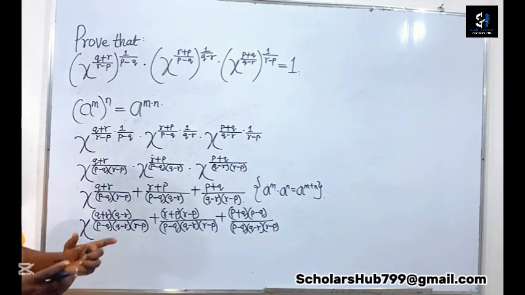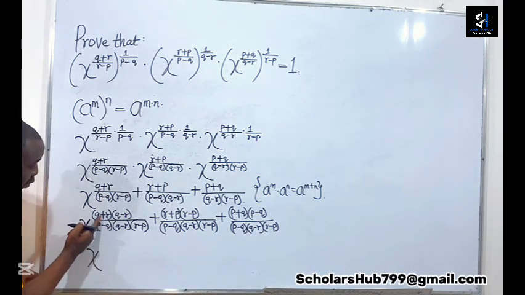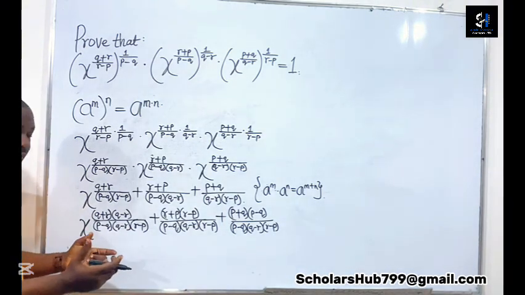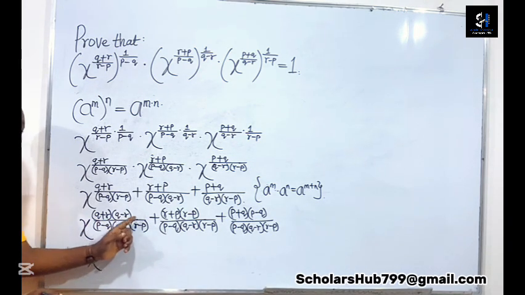So now we can add the fractions together, so this will be x raised to the power of... now this can be written as a difference of two squares, that is q squared minus r squared, which is the same thing as (q plus r)(q minus r).